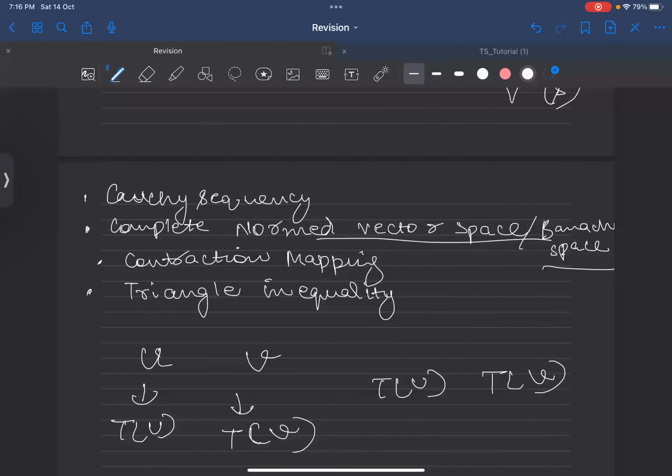Yes. So basically we are applying these concepts in MDP to prove the existence, uniqueness, and convergence of the value iteration. First we know what is a norm. Then we prove that the value function is in the Banach space.